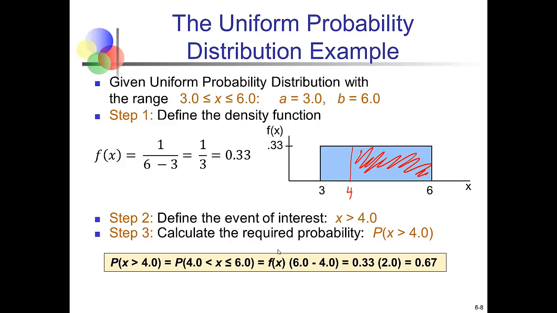So we're going to take that density function and multiply it by the range between 6 and 4. Well, this is the range of values that we're interested in knowing about. This is a deviation or a range. There are 2 units between 6 and 4. So I'm going to take my density function of 0.3, multiply it by this range between 4 and 6, or 2 units, and I find out I have a 2/3 probability of selling more than 4 yards of fabric.